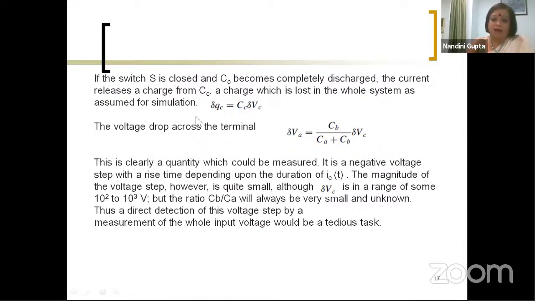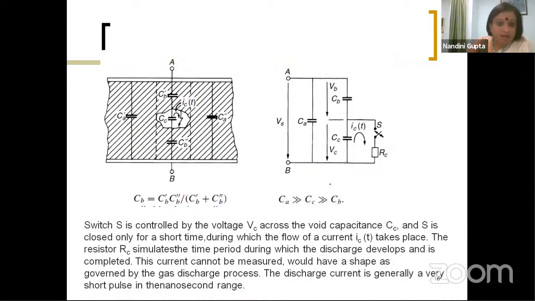Now, if you have a voltage drop delta VC, you would have a corresponding drop of voltage across the entire test specimen. Remember the metallic electrodes that we talked about? Let's say the total voltage across the metallic electrodes is VA. I think I show it here.